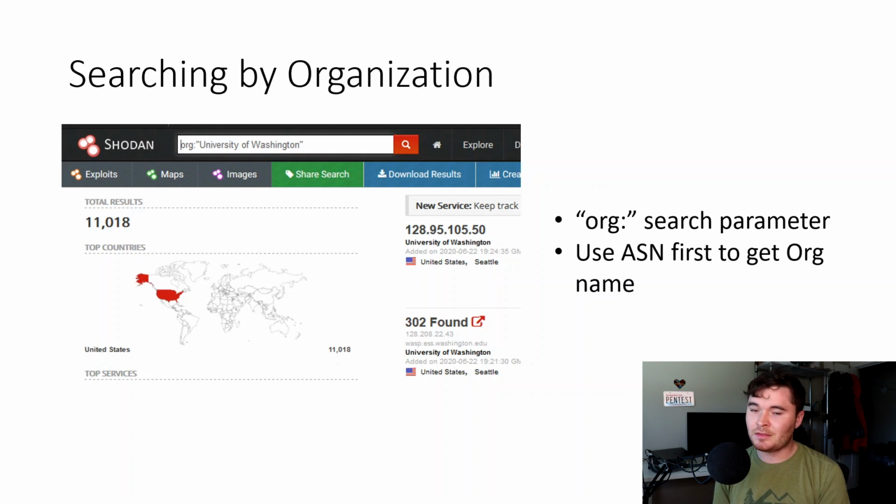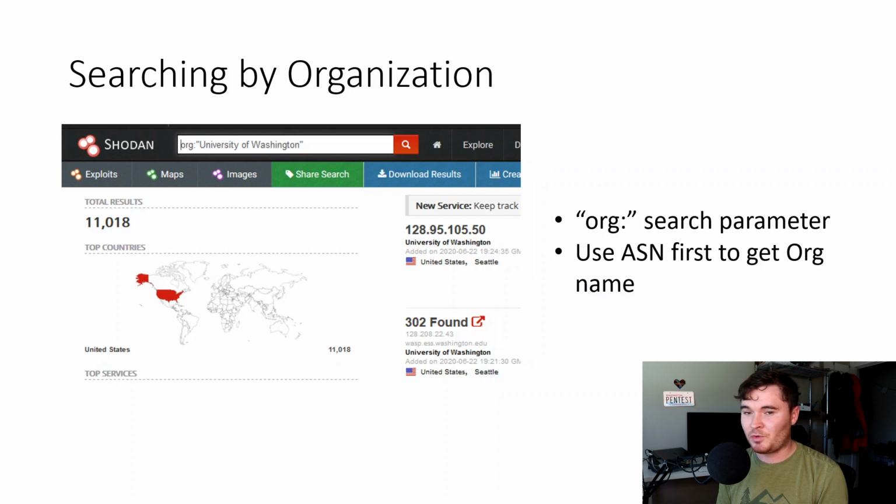So my methodology for doing the search via org is to go on BGP.HE, which we've covered, type in University of Washington, and then throw the autonomous system number into Shodan, and then you could see under the IP address, University of Washington.